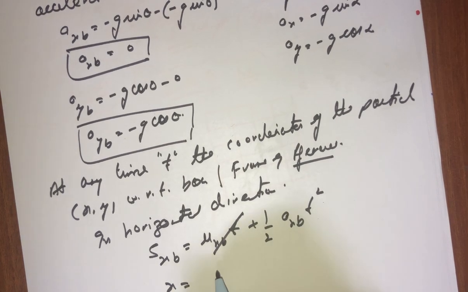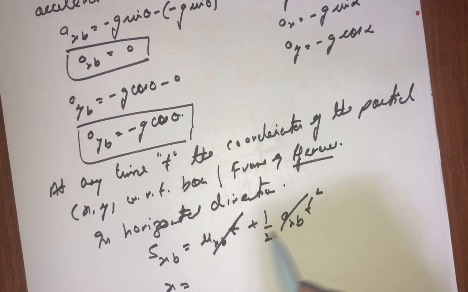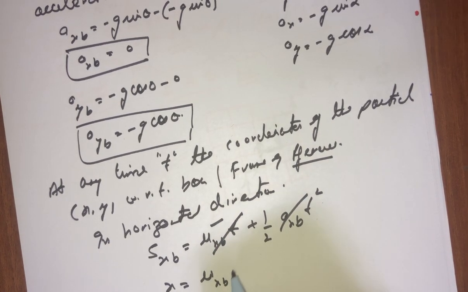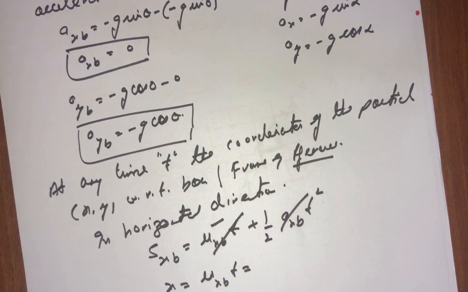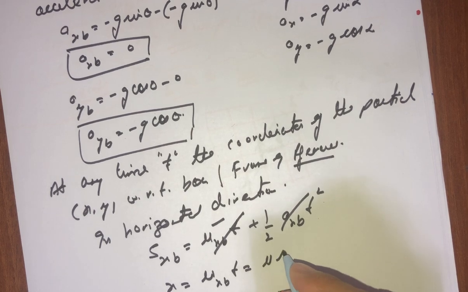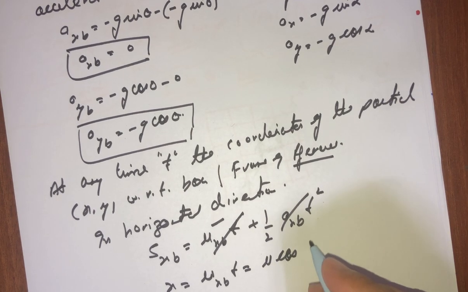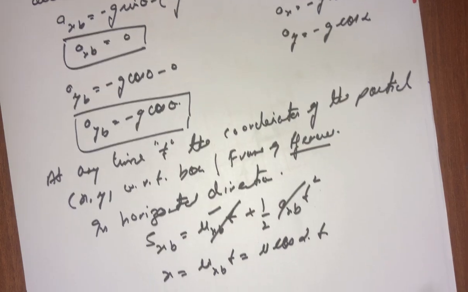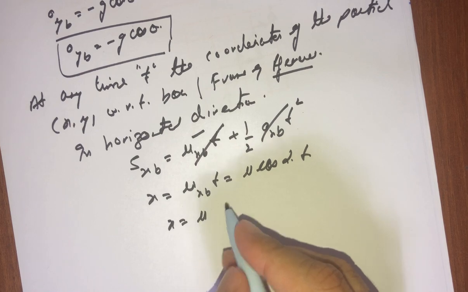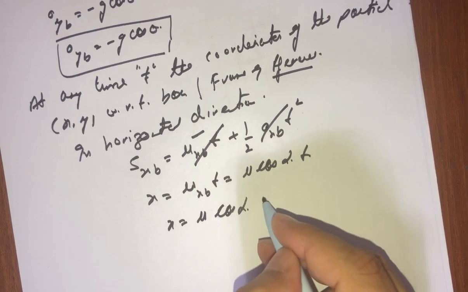So x will be equal to uxb multiplied by t, and we have uxb as u cos of alpha. We can say that x is equal to u cos of alpha into t.